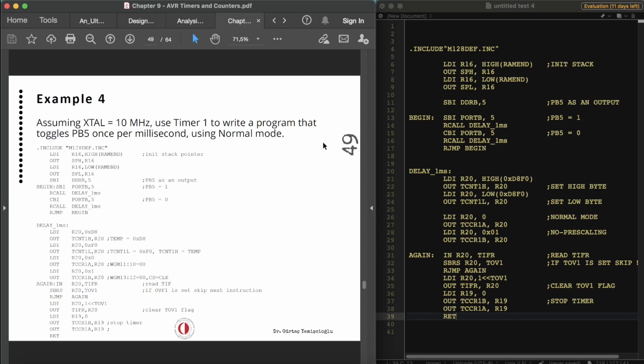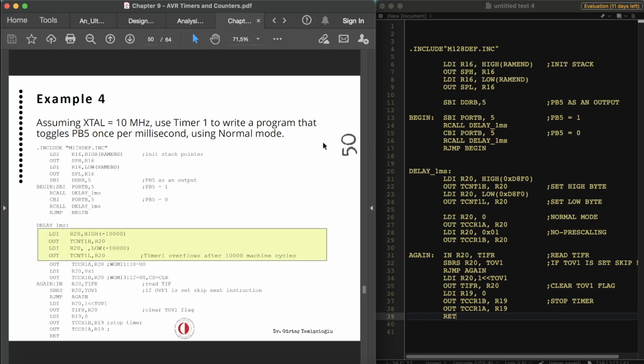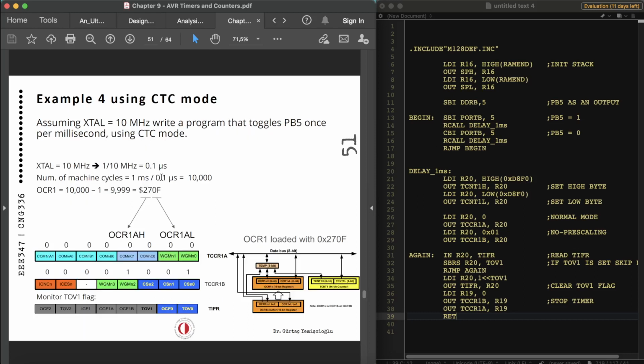Using timer 1. And if we want, we can also do this as I already mentioned, rather than using that, you can use minus 10,000, which we already got from the calculations. In CTC mode, all we need to change is 10,000 minus 1 because we have to set the OCR. Okay, so 0 to 9,999, which is 270F.